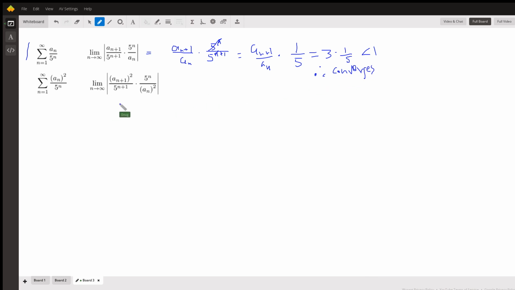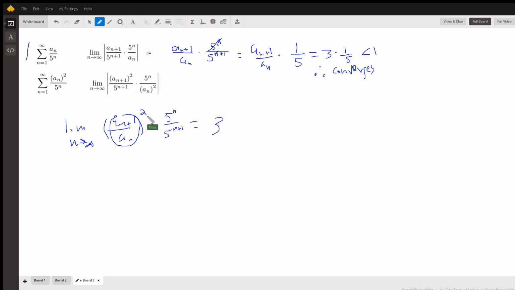And finally, if I do the same thing here, I get a sub n plus 1 over a sub n, the quantity squared, times, same deal, 5 to the n over 5 to the n plus 1. We know that this expression in here, if we take the limit as n approaches infinity, is 3.